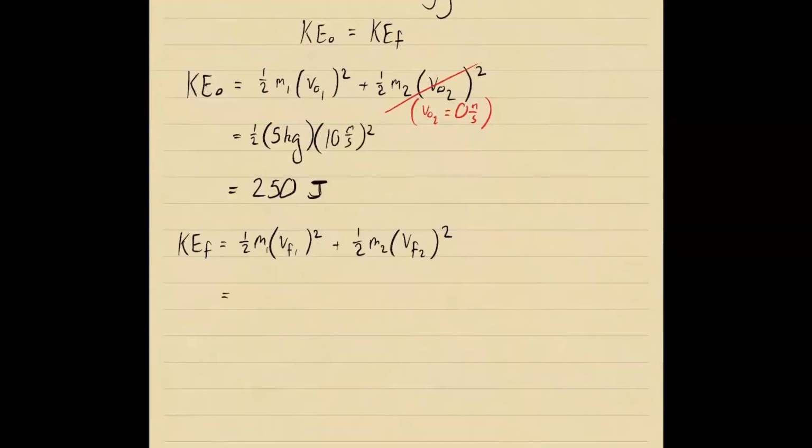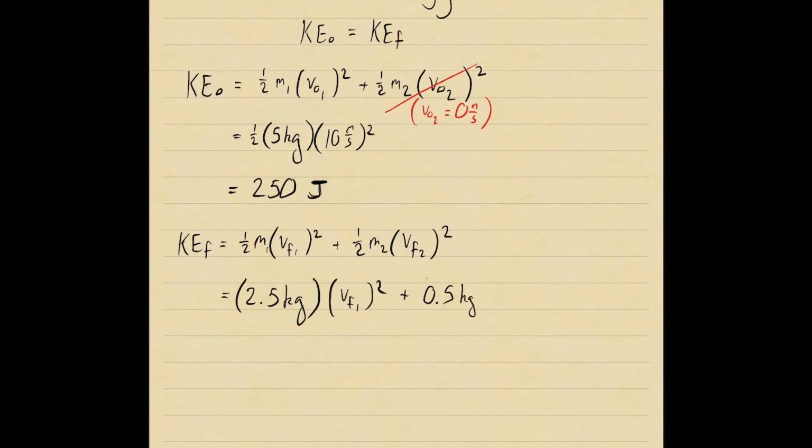So just plugging the masses in, we have 1/2 times m1, but m1 is just 5, so this is just 2.5 kilograms, multiplied by the final velocity of our first ball, squared, whatever that is, plus 1/2 times the mass of our second ball. The mass of our second ball is just 1 kilogram, so 1/2 times 1 is 0.5 kilograms times the final velocity of our second ball squared.